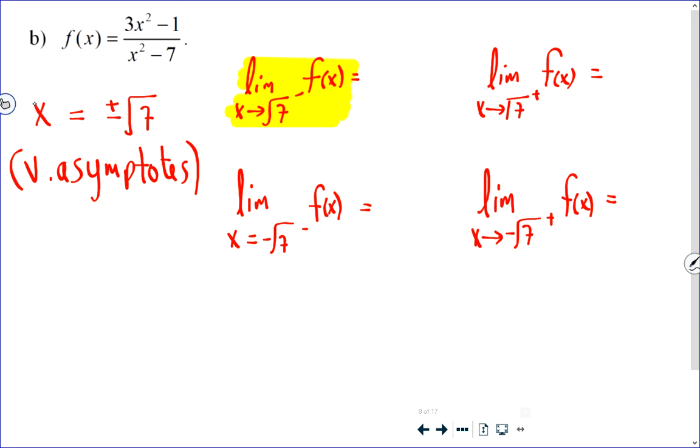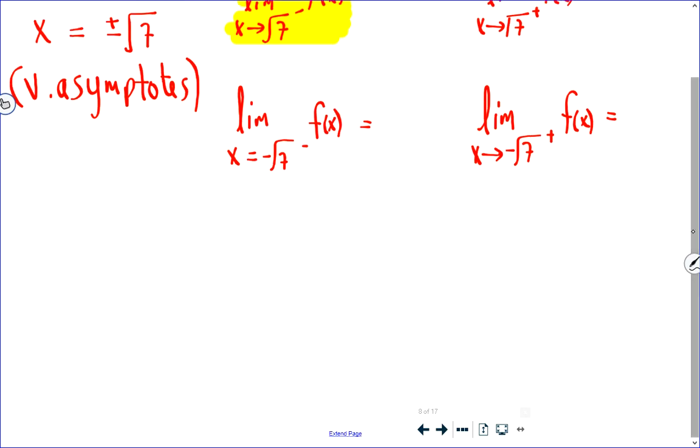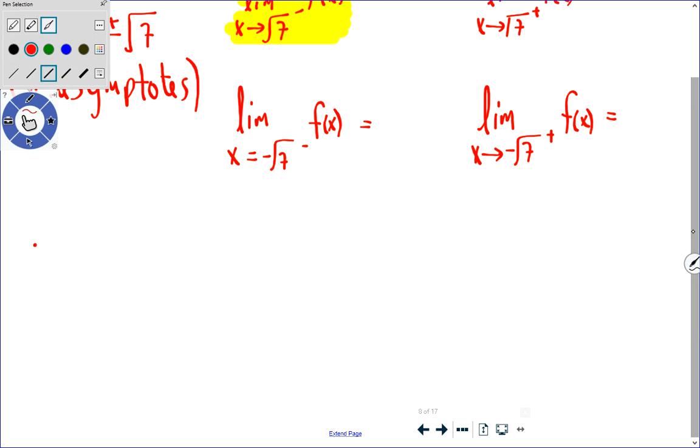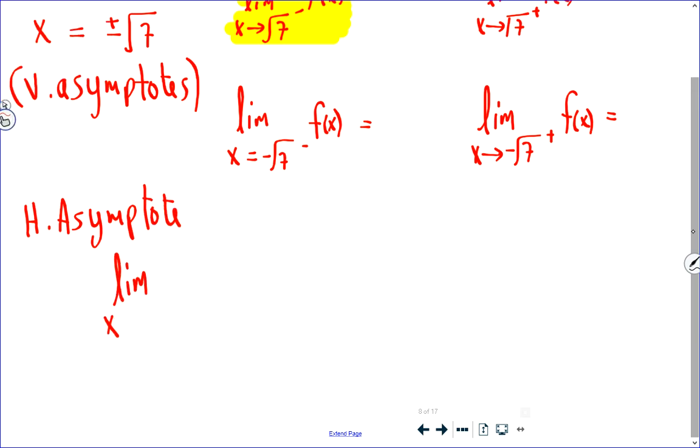The other thing we need to look at, and it's really the new thing today, is the horizontal asymptote, which means that we need to find the limit as x approaches infinity of the function.